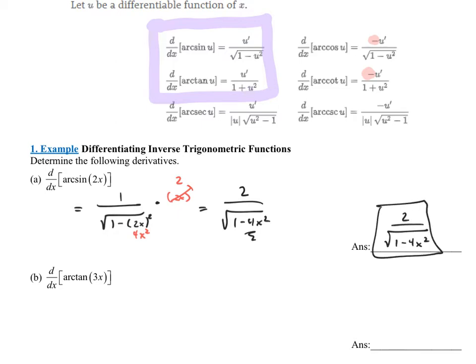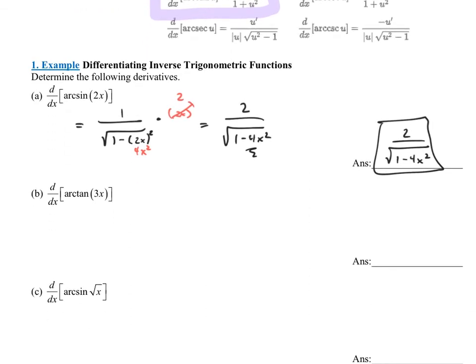Okay, let's move on to the next one. How about arctangent of 3x? The formula for arctangent is 1 over 1 plus u squared times u prime. We actually did it as u squared plus 1, but the order doesn't really matter.